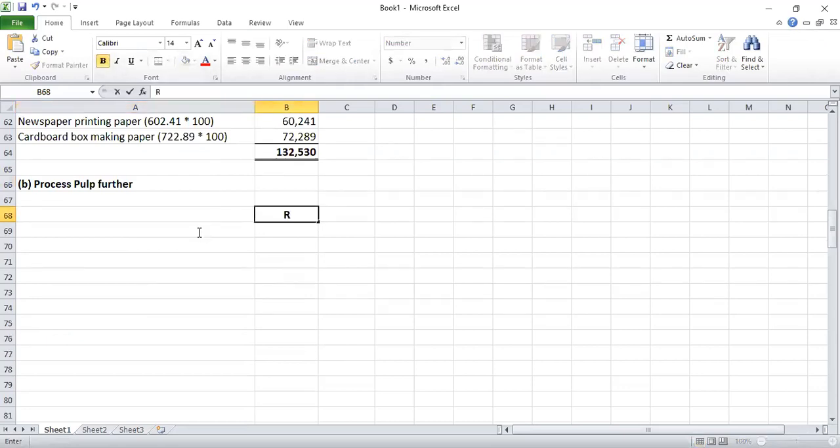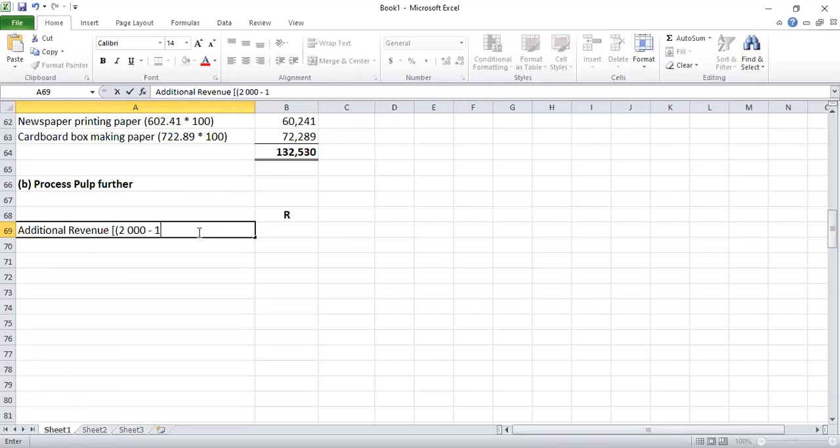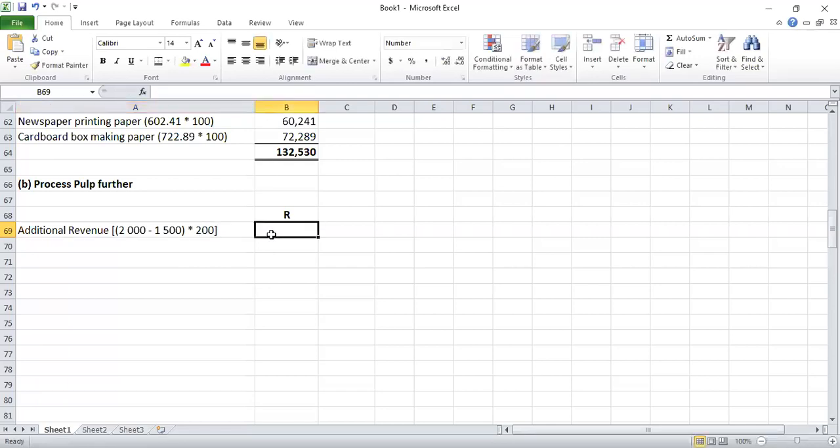Right, we would have our additional revenue, which is the new selling price 2,000 minus the old selling price 1,500 times the number of tons, which are 200. The 2,000 is the new selling price.